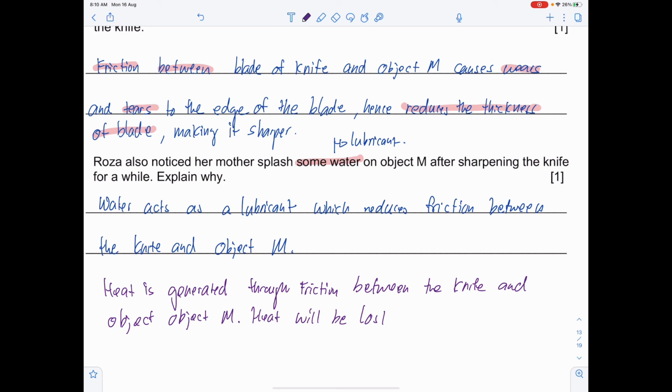Heat from the knife and object M will be lost to the water, hence cooling down both.